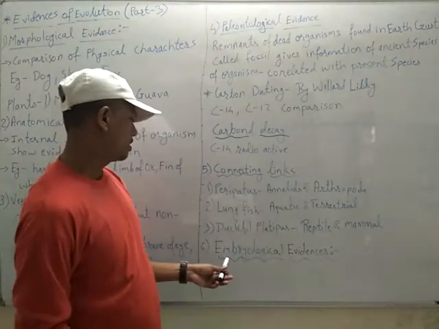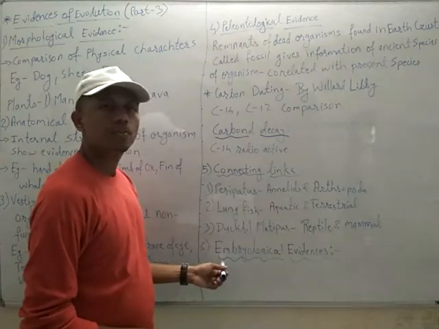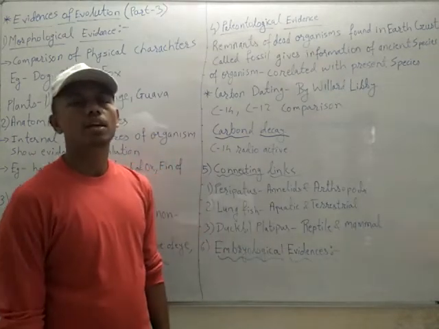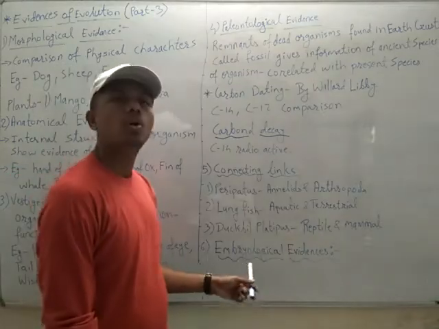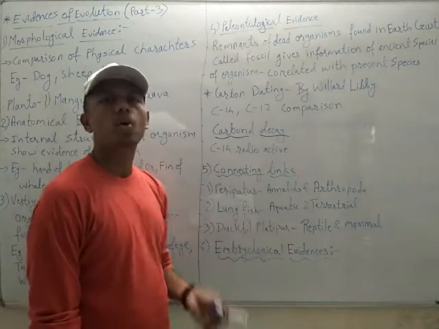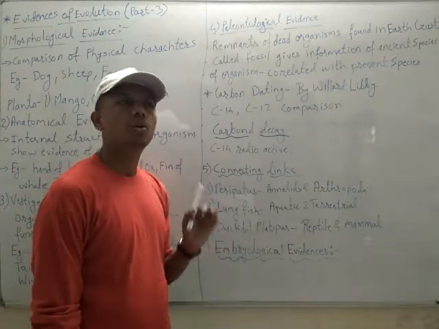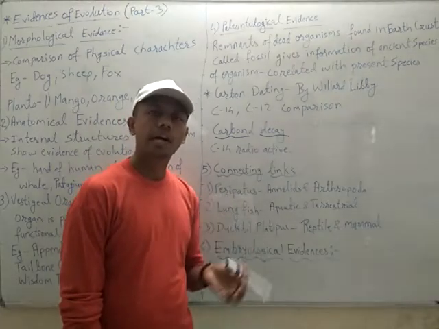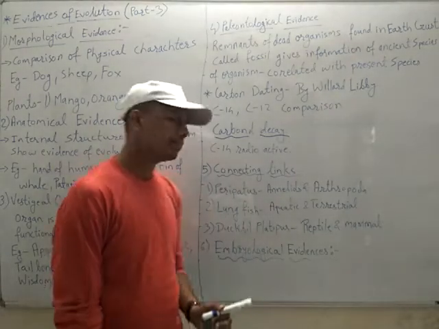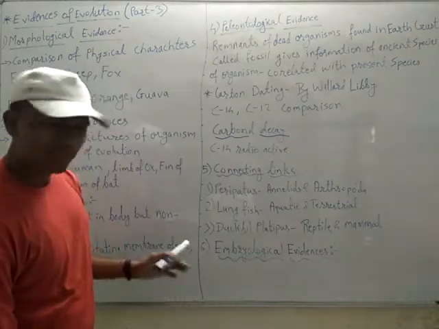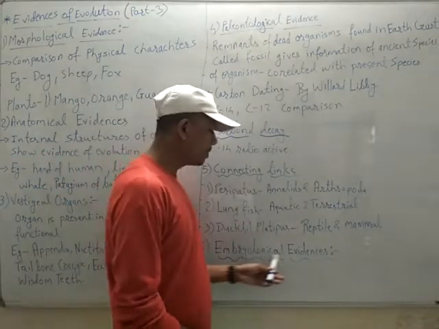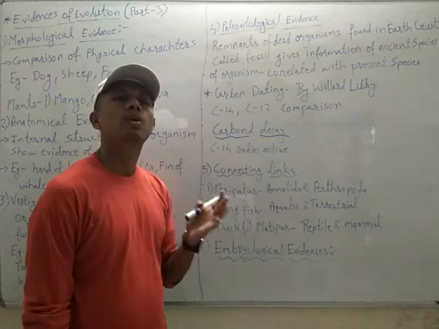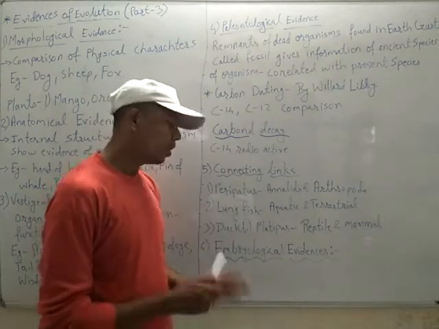The last evidence of evolution is embryological evidence. If you take the example of the embryo of fish, chick, tortoise, pig, cow, human, you can find that the initial developmental stages of the embryo are about the same.